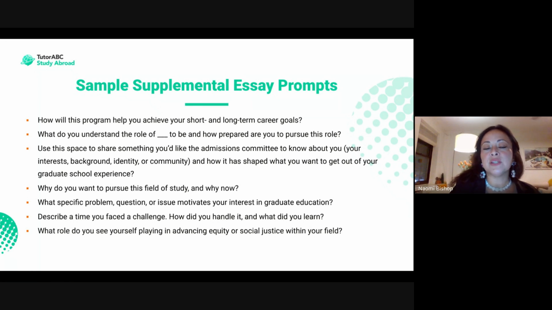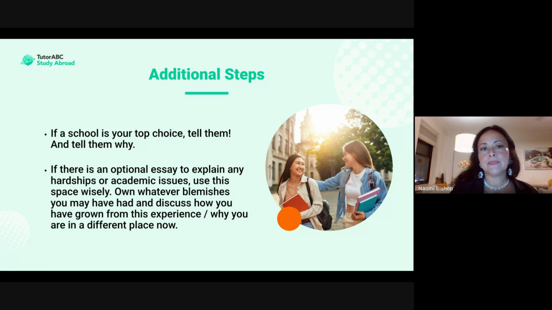Describe a time you faced a challenge. How did you handle it, and what did you learn? What role do you see yourself playing in advancing equity or social justice within your field? These are all real questions. Okay. Here's some additional steps. If a school is your top choice, tell them, and tell them why.